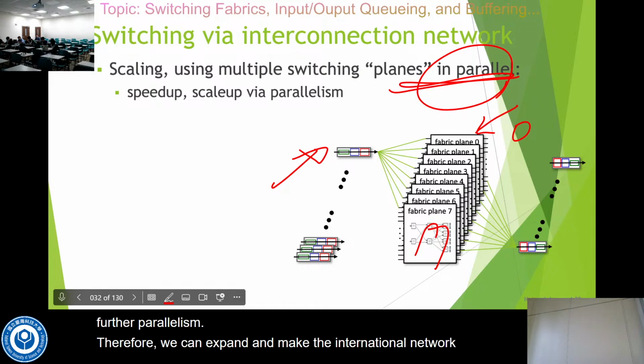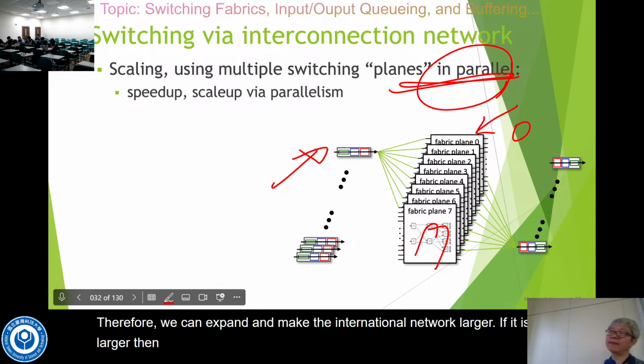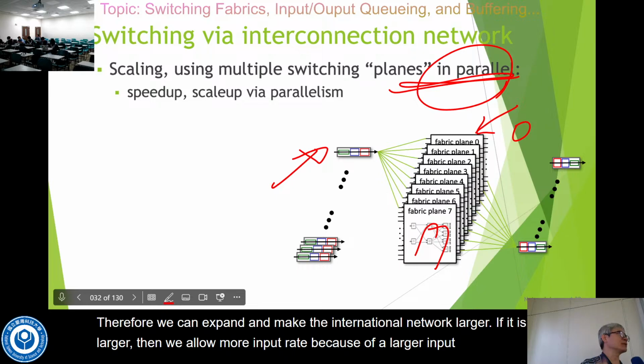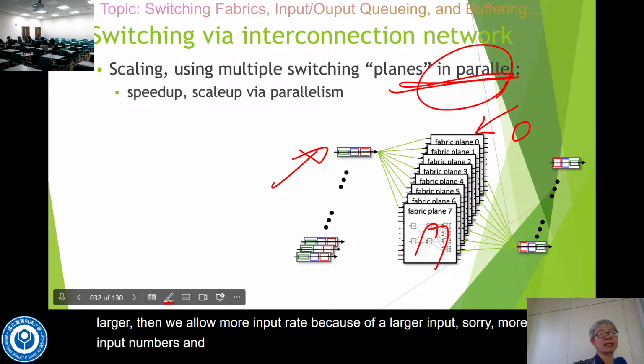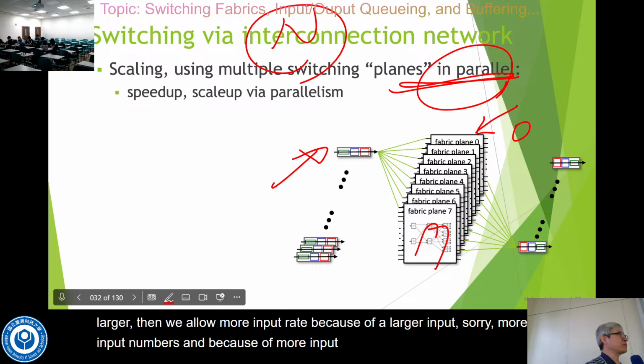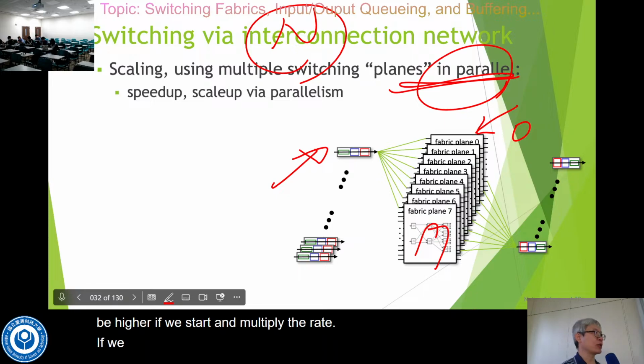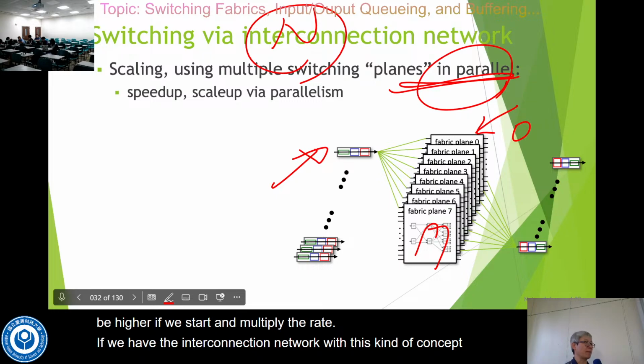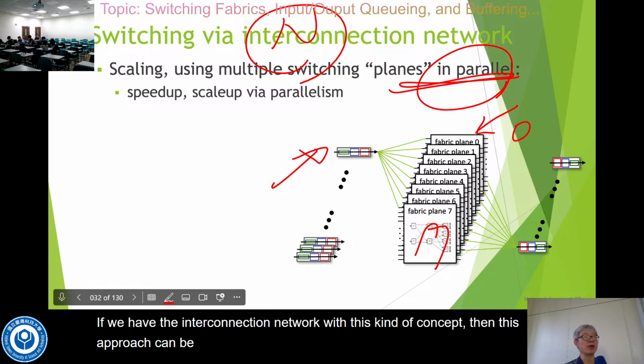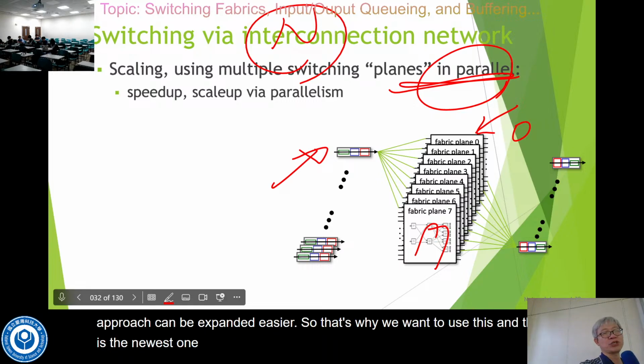If it is larger, then we allow more input rate because of more input numbers. And because of more input numbers, the speed will be higher if we expand and multiply the rate. If we have the interconnection network with this kind of concept, then this approach can be expanded more easily. So that's why we want to use this, and this is the newest one for the switches.